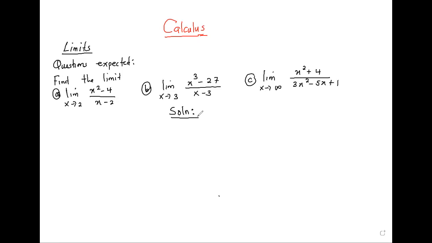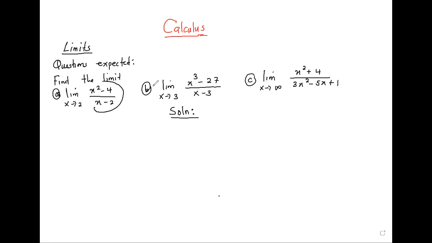So when you're asked to find the limit, in the case of question A, you are simply asked to substitute that value of x. x goes to 2, so we want to substitute that where there is x.